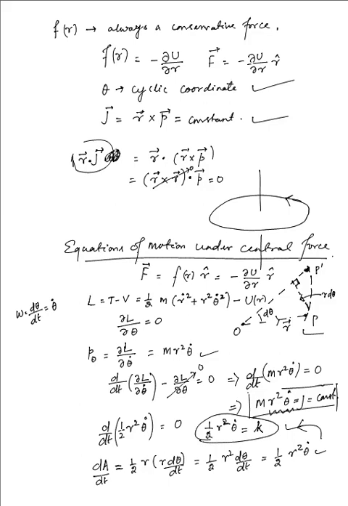With that being constant, that tells us that the areal velocity of an object which is orbiting or under the influence of the central force has to be constant. And remember, this is Kepler's second law in case of the planetary motions, which tells us that this term over here is a constant.